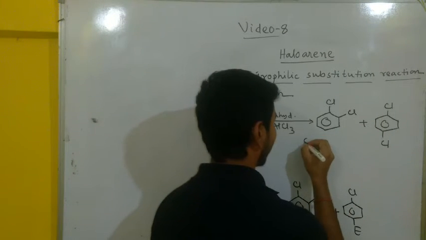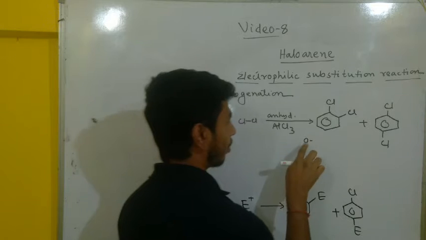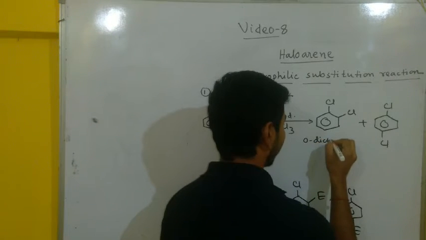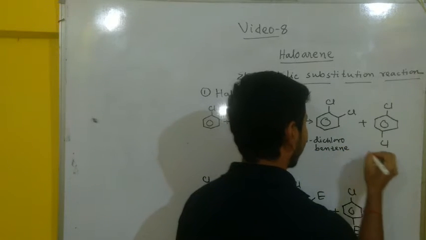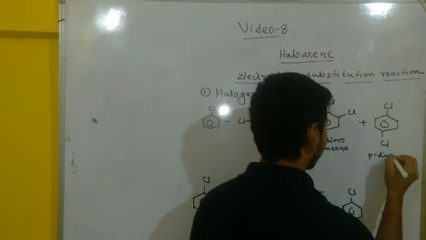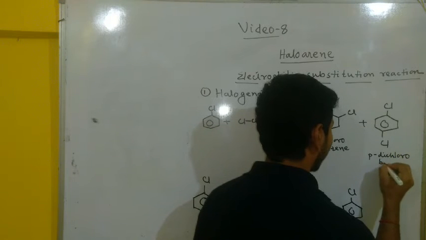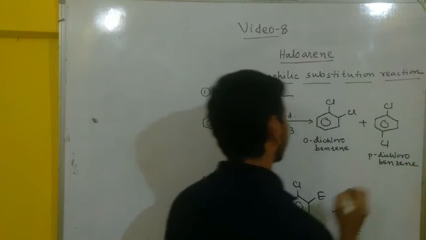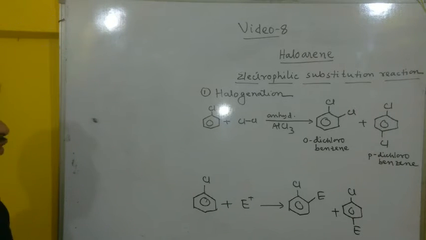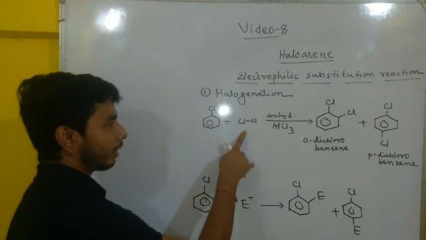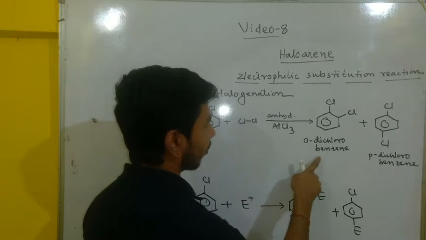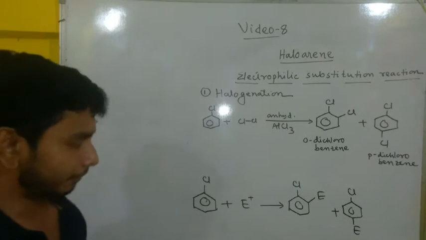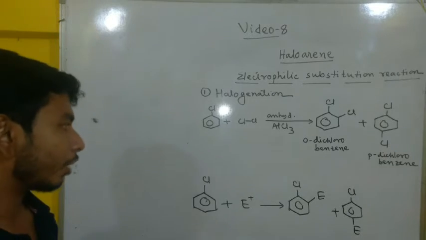The product is called ortho, denoted by small o, ortho dichlorobenzene, and it is para dichlorobenzene. So chlorobenzene on halogenation gives the ortho dichlorobenzene and para dichlorobenzene. If we use bromine here, then it will be ortho bromochlorobenzene and para bromochlorobenzene. This is the halogenation reaction.